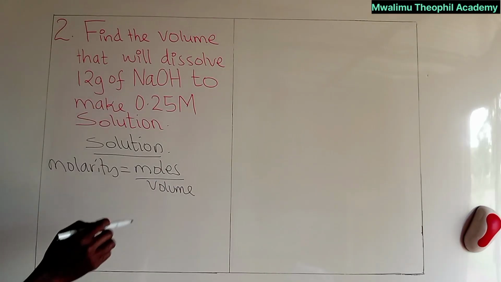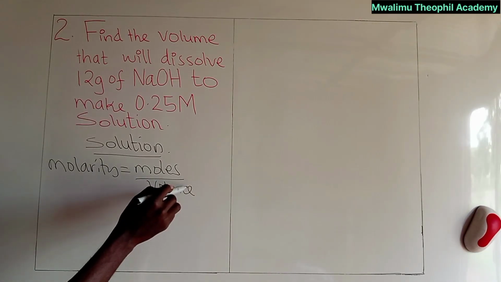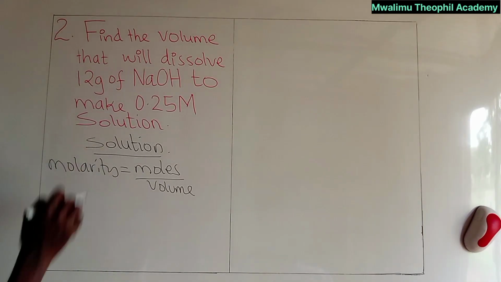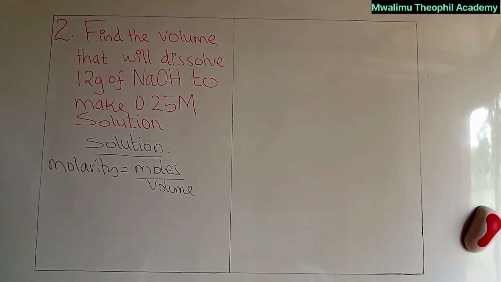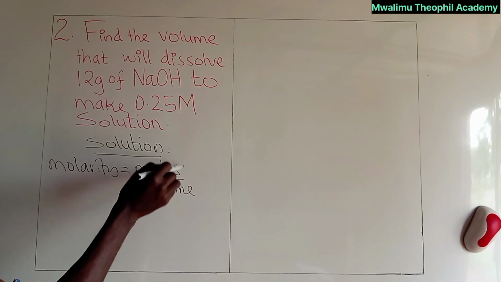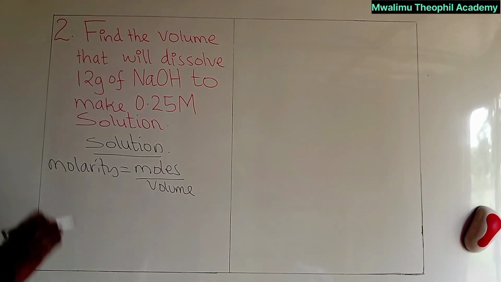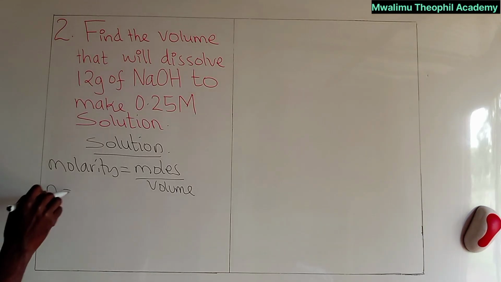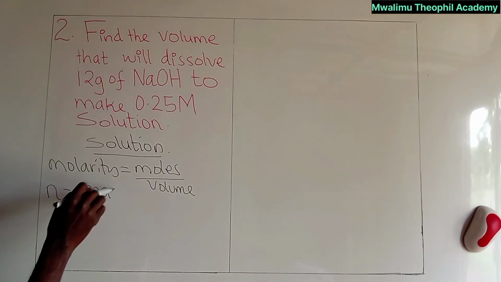In this problem, we are asked to calculate the volume while the molarity is given. So here, let's use the given mass to calculate first the number of moles. As we know, the number of moles is equal to mass over molar mass.